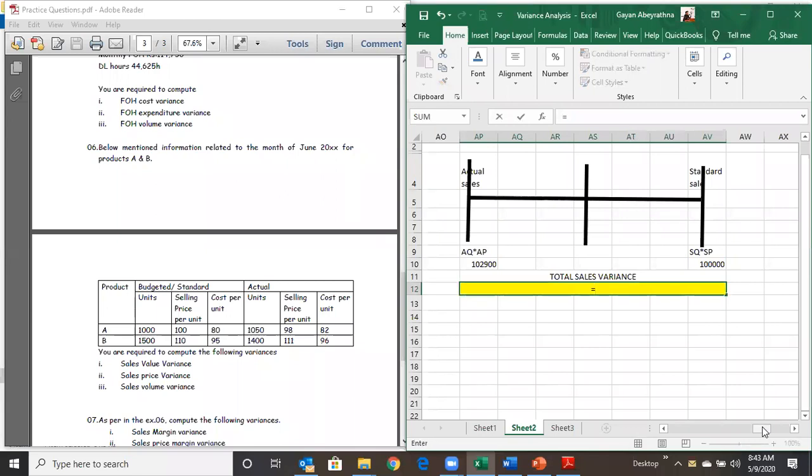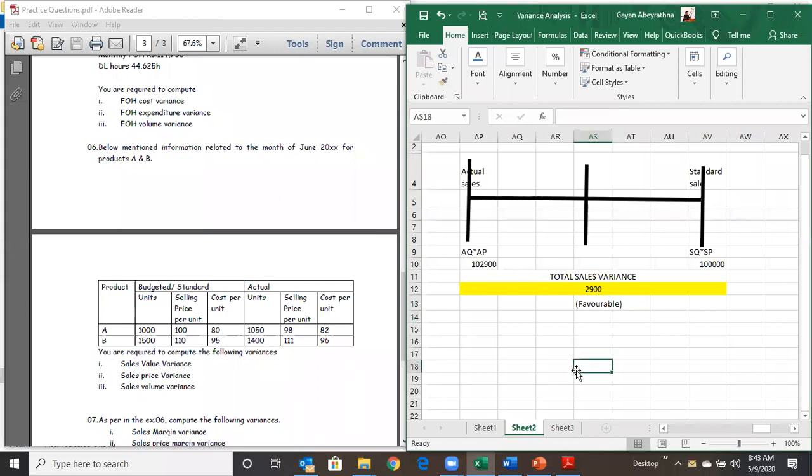The difference can be calculated by subtracting standard sales from actual sales. The value is 2,900. It is favorable. They have earned a favorable variance. I am not putting the rupees value in Excel because this function gets messed up.